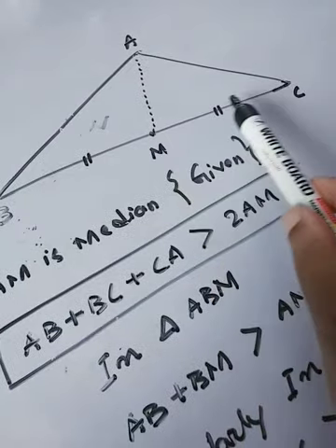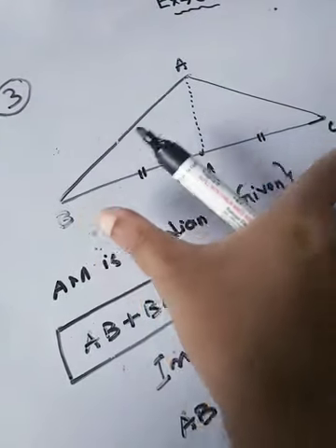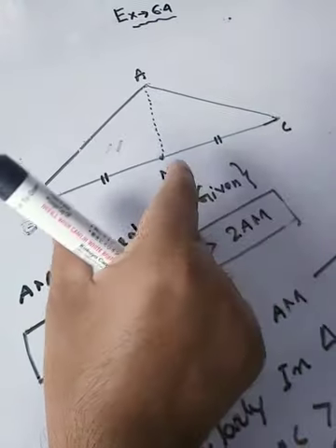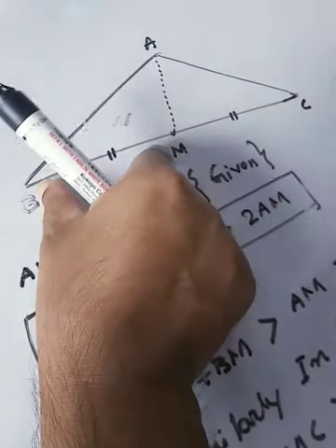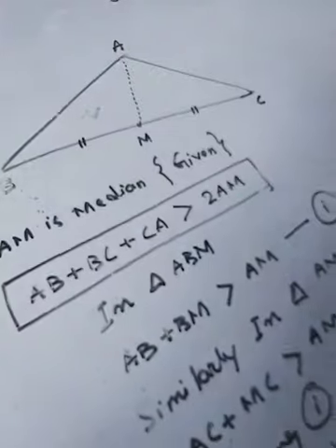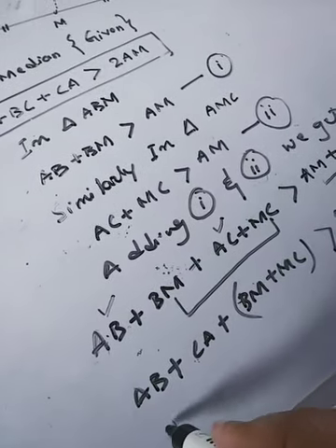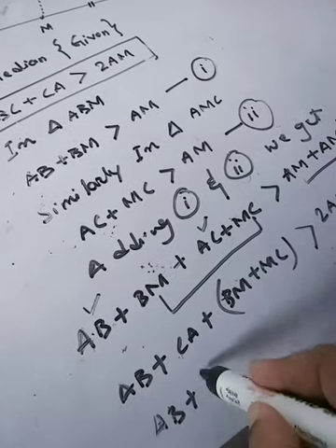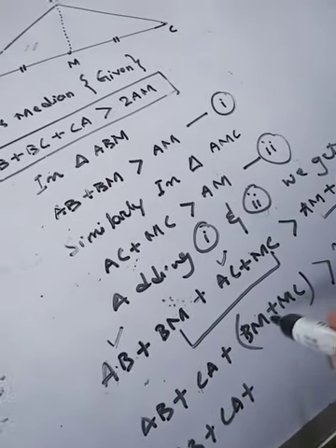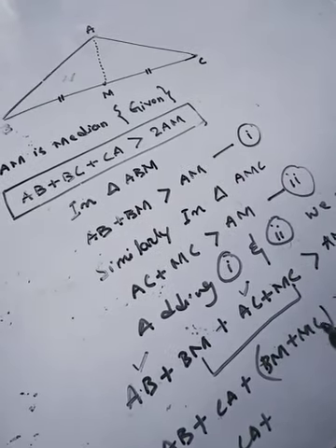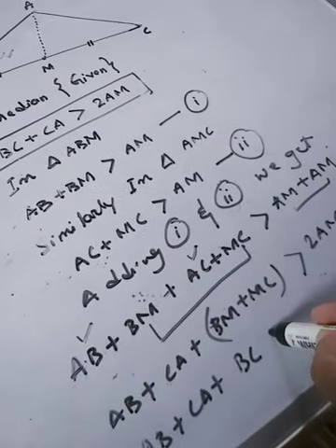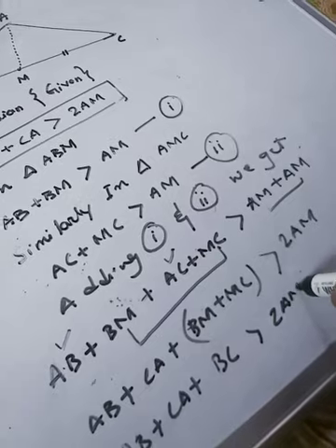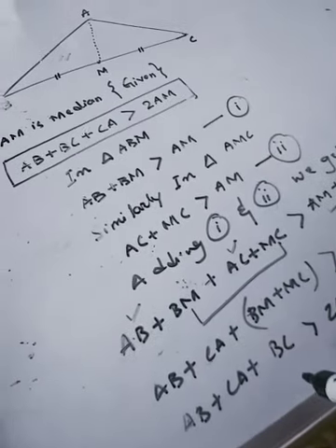BM plus MC: the length of BC can be written as BM plus MC, or in place of BM plus MC we can write BC, isn't it? Now it is possible. The sum of these two line segments is equal to BC. So we'll write BC. So here is your required expression.